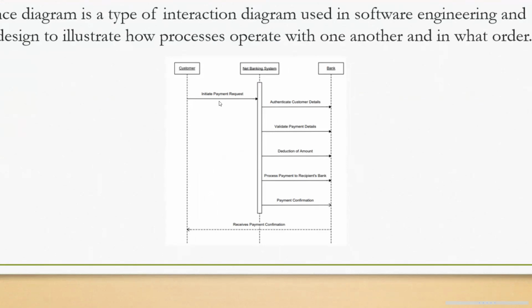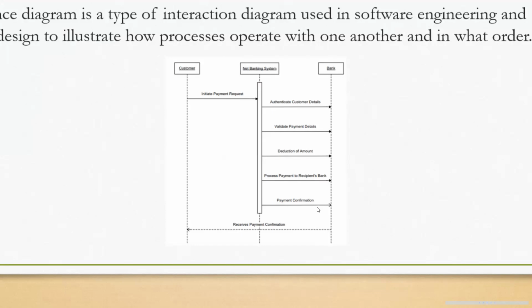For example, here you can see the customer. The customer initiates the payment request to the net banking system, and the net banking system authenticates with the bank whether the customer details are correct or not. They validate the payment details, deduct the amount, and process the payment to the receiving bank.